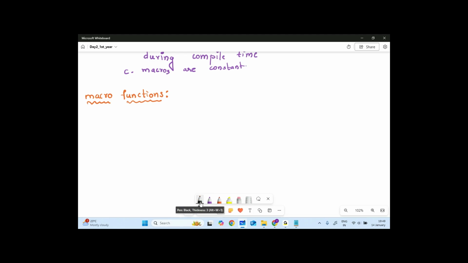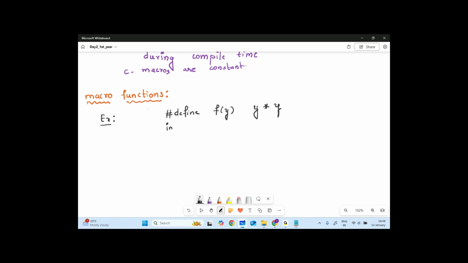So I want to create one macro function, for example #define f(y) y*y. So if you write f(y), it will become y*y.